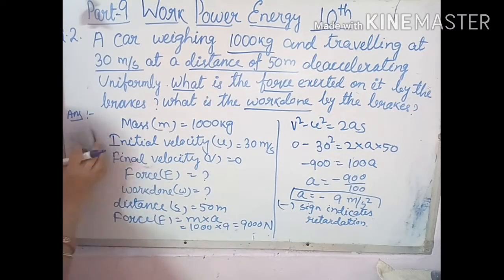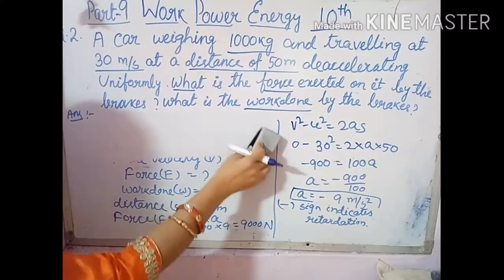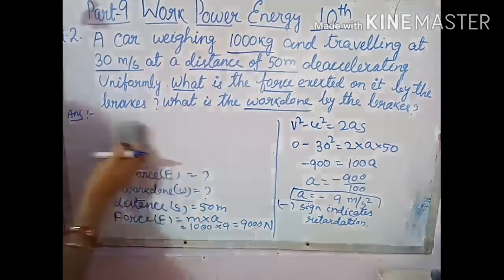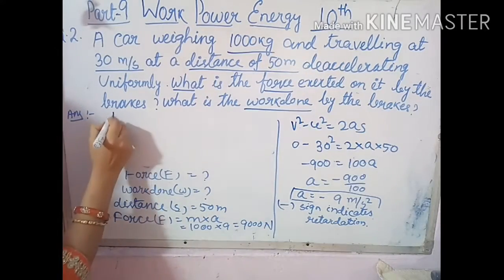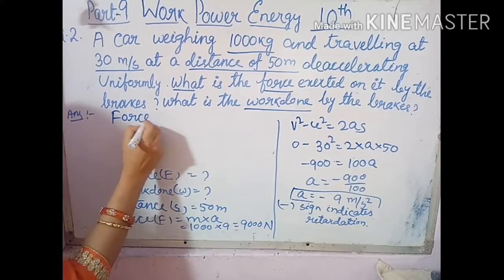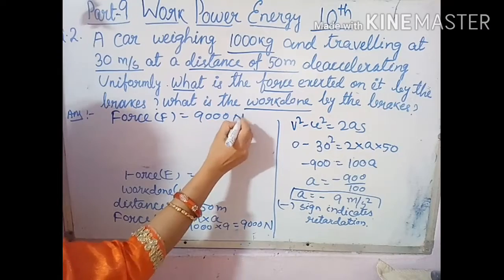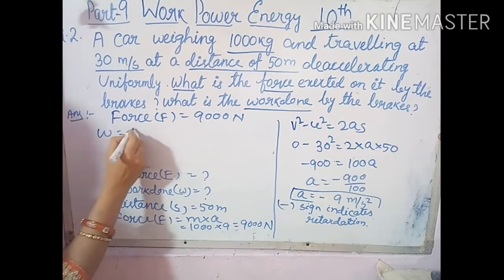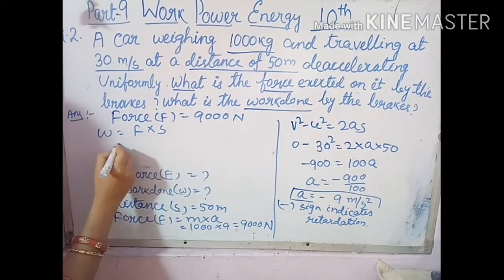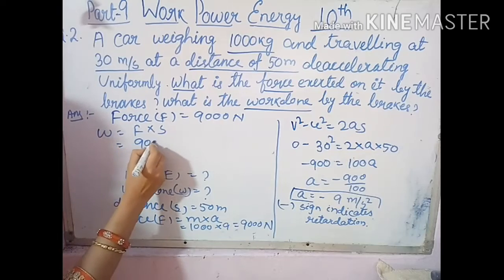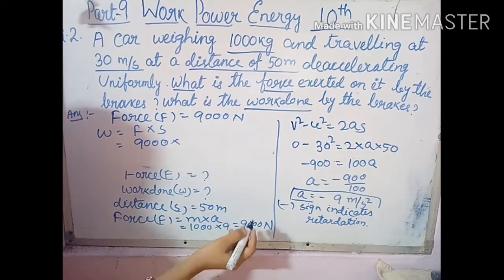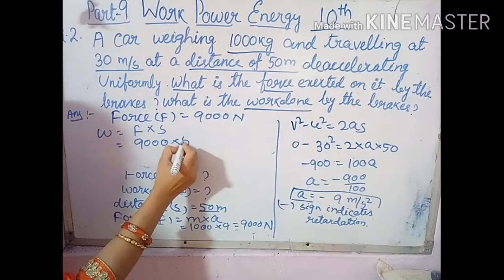Now children, I am going to rub this out because I will calculate W here. As you got, force F equal to 9000 Newton. Now as you know, W equal to F into S. So F is 9000 and S you already know, 50 meter.